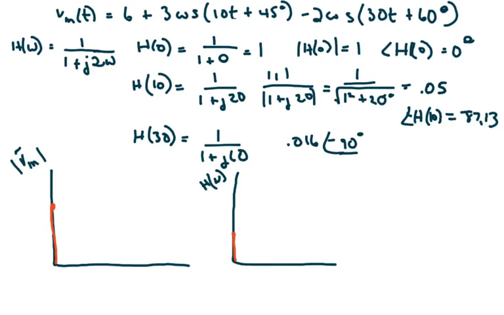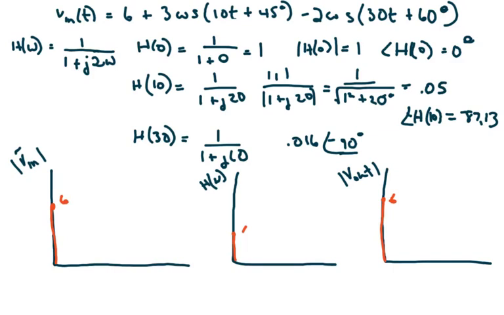So in order to find Vout, all we want to do is to multiply the input times the transfer function, and that gives us our output. Alright, so for the DC component, we have Vin, we have the transfer function, and we have Vout.